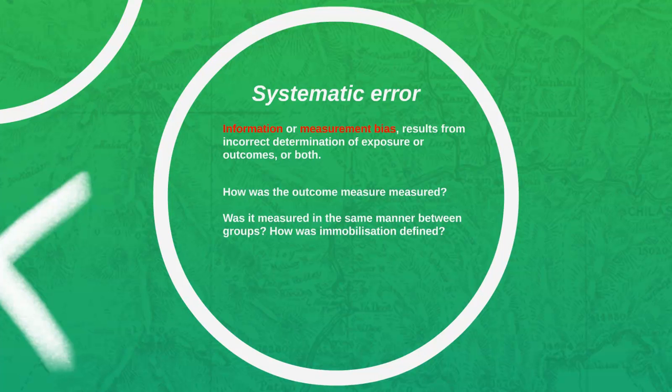Now the other form of systematic error is information or measurement bias, and that results from incorrect determination of exposure or outcomes or both. So it comes down to, how was the outcome measured for this study? Did they look at mortality in the same ways? Did they define it in the same ways?